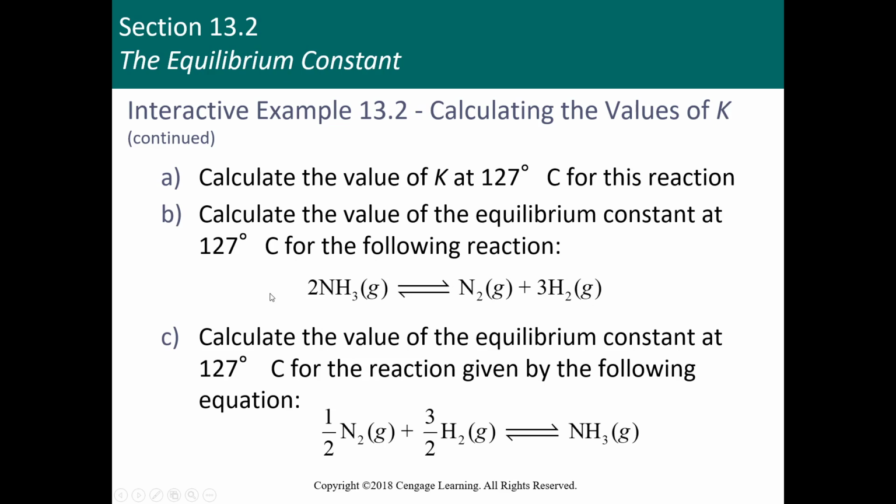Another thing that you can think about is we put products over reactants, right? So what happens if we flip the products and the reactants? So here NH3 is a reactant, N2 is a product. And so this would be products on top, reactants on bottom here. This one, on the other hand, has been flipped, hasn't it?